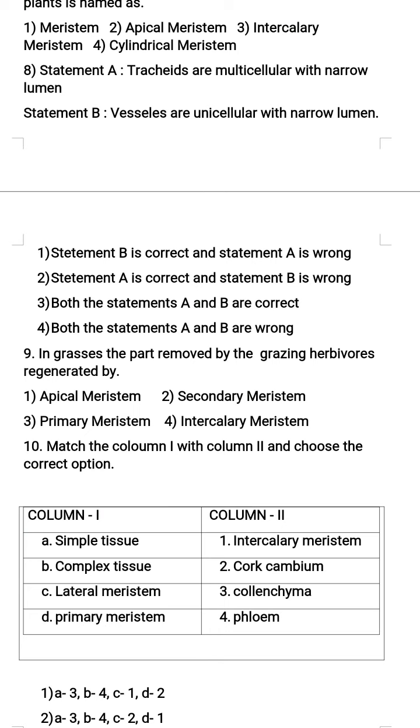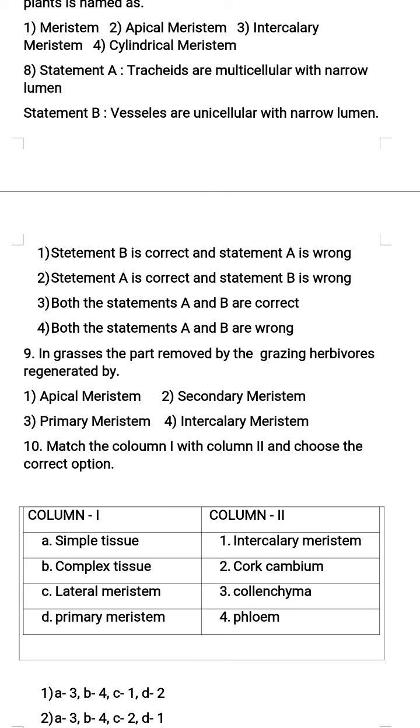Now students, in general, I would like to explain one important concept connecting to this statement question regarding tracheids and vessels in xylem. So students, here I will tell you one important concept.